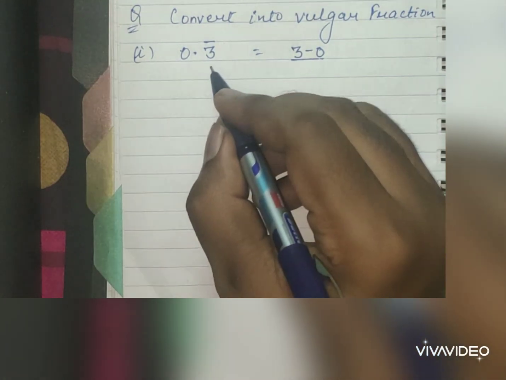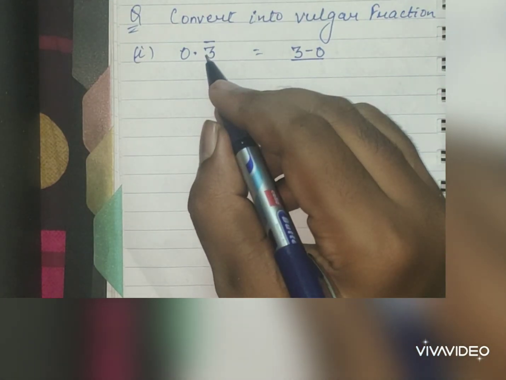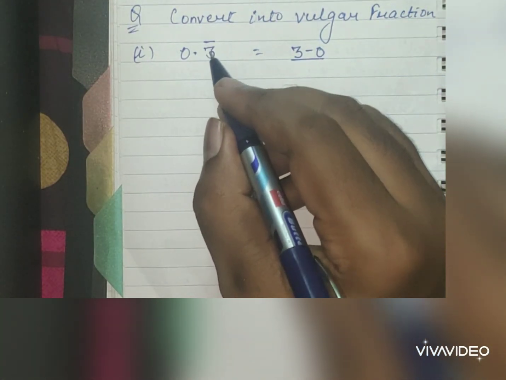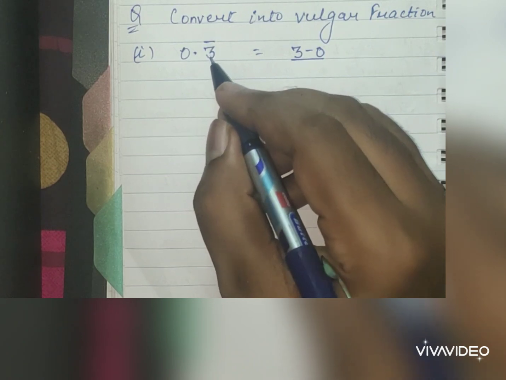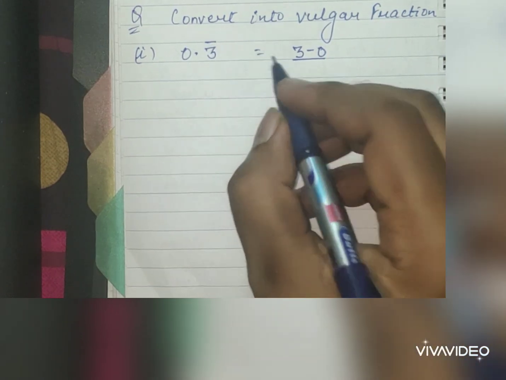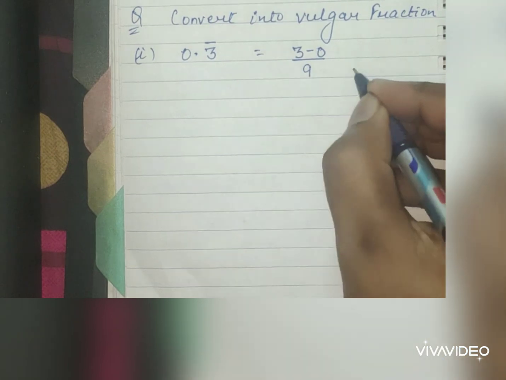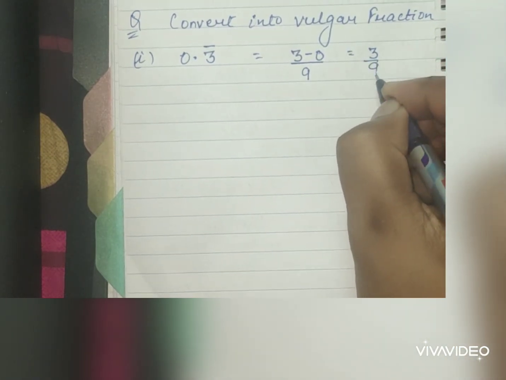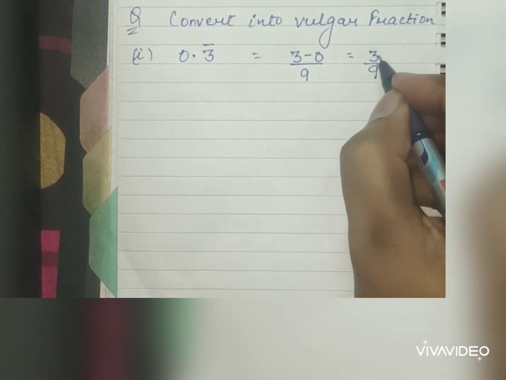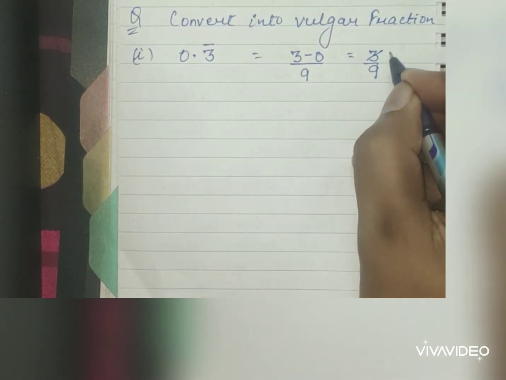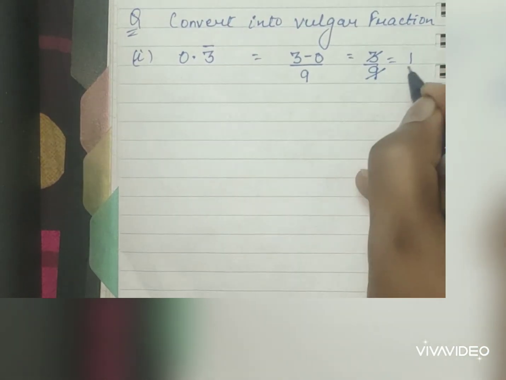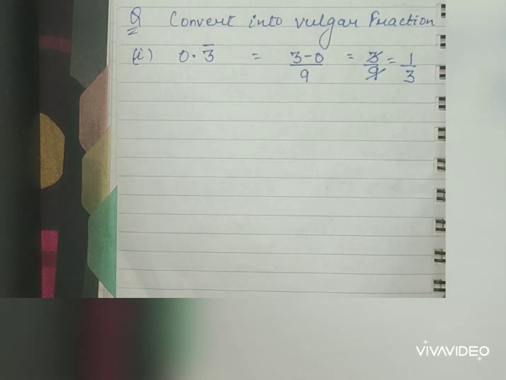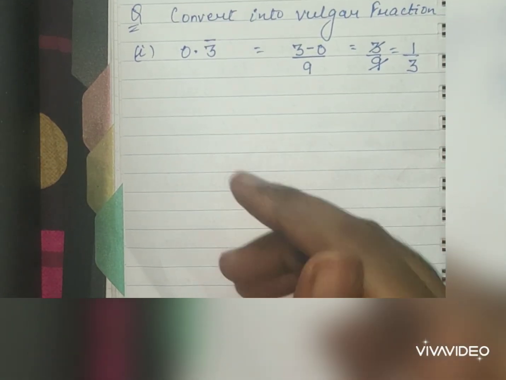And in step 2, as many 9s we have to write as the digits are repeating, so here only one digit is repeating, so there will be only 1 nine, so it will be 3 upon 9. Now it will be reduced to the lowest term. 3 1s are 3 and 3 3s are 9. I hope you have understood.